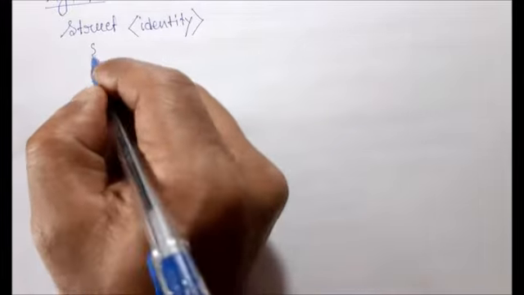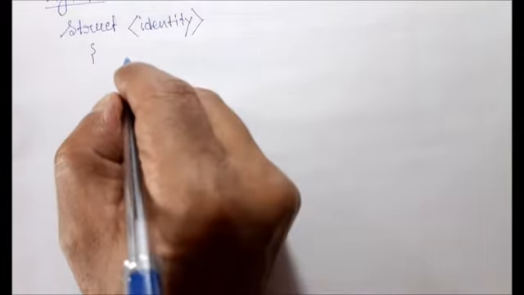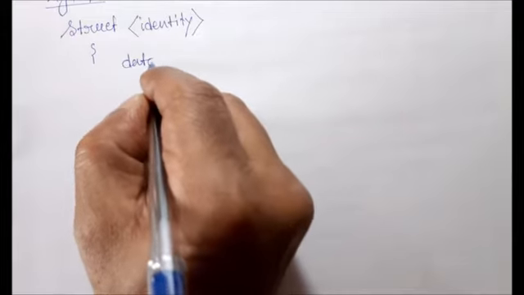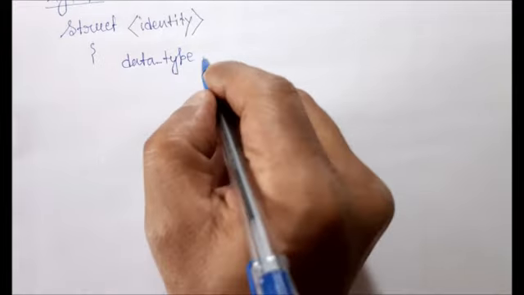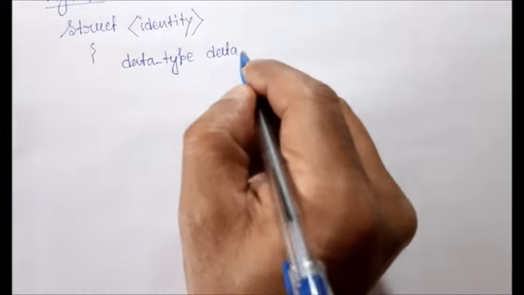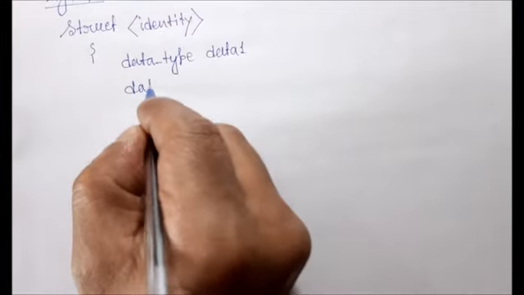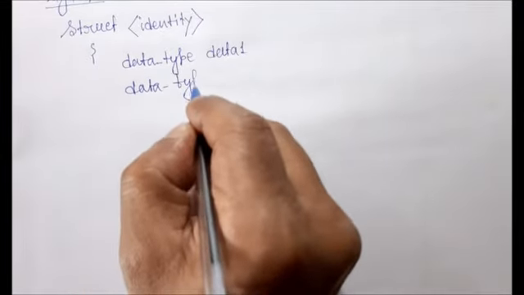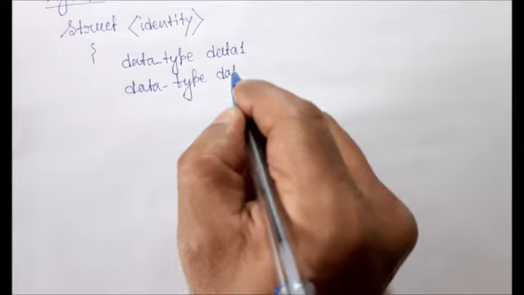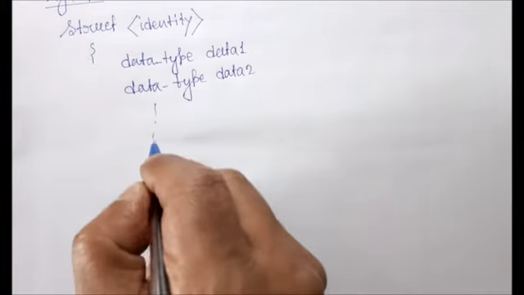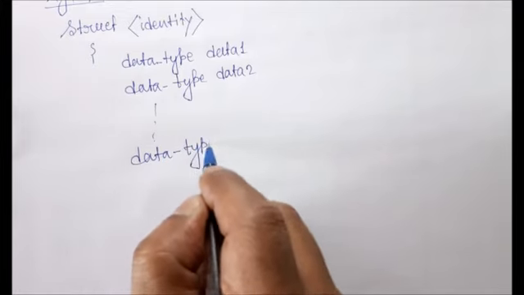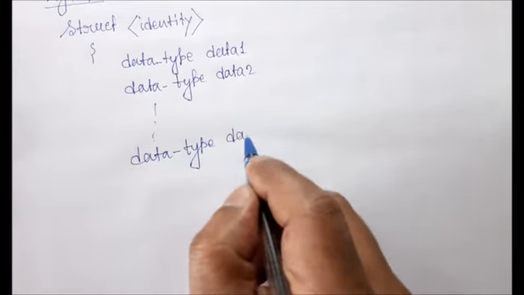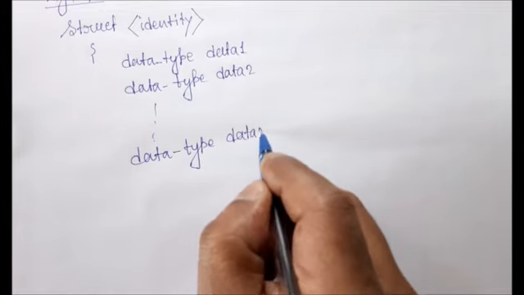Then we have to use the curly brace, opening curly brace, then you have to mention the data type of the first variable, for example data1, then the data type of the second variable, for example data2, similarly the data type of the nth variable, datan.